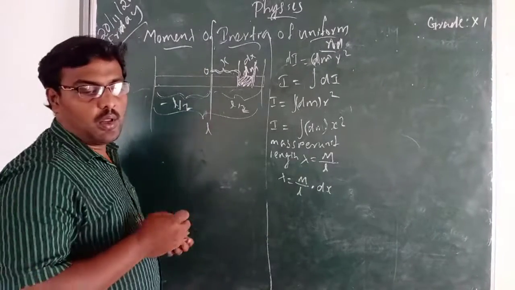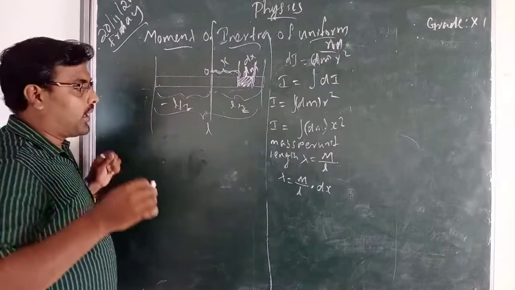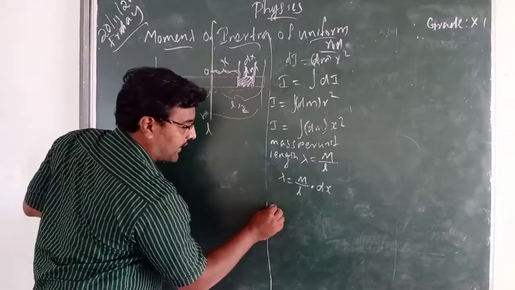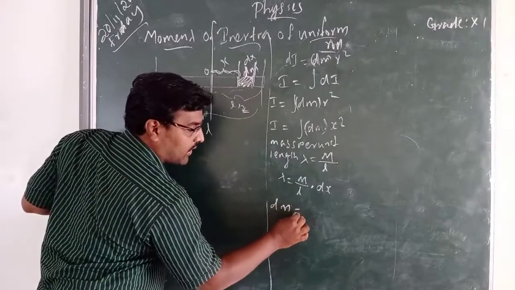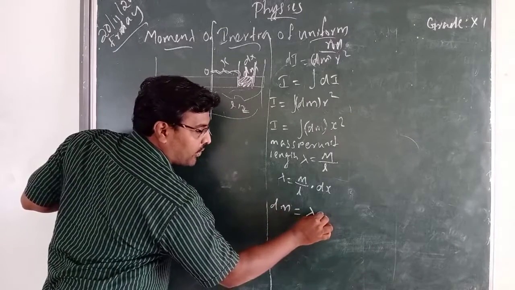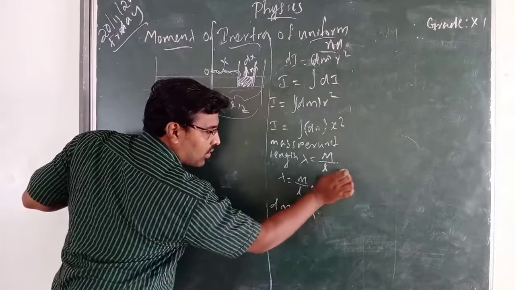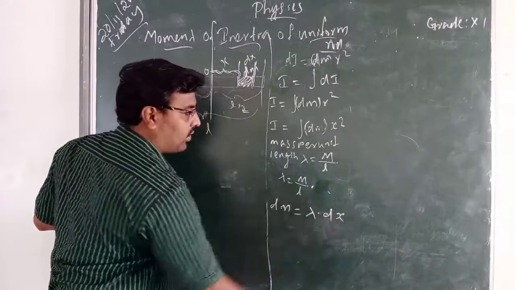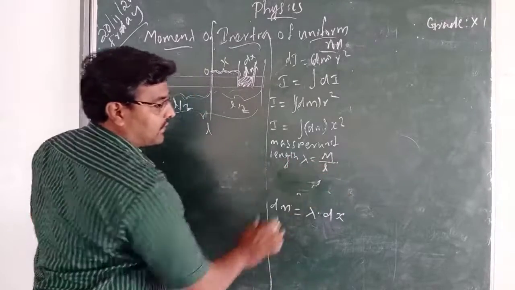Now you have to substitute this. dm is mass per unit length into dx.